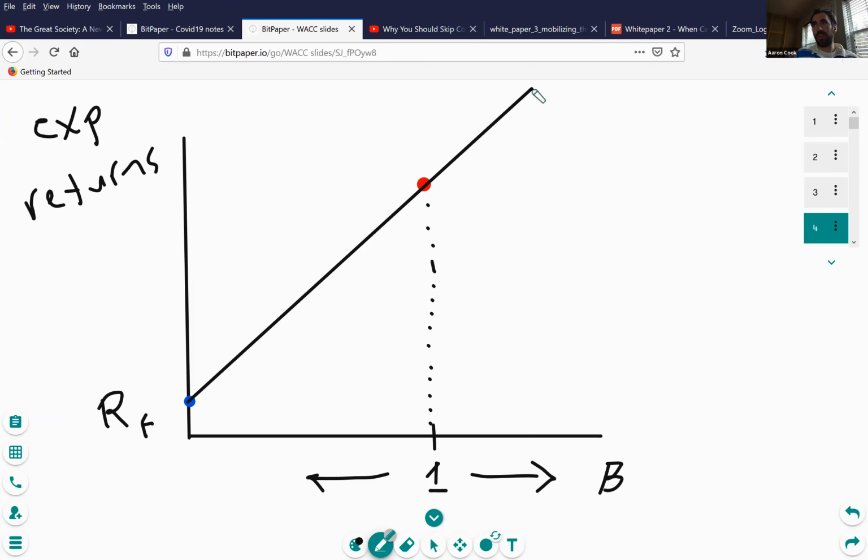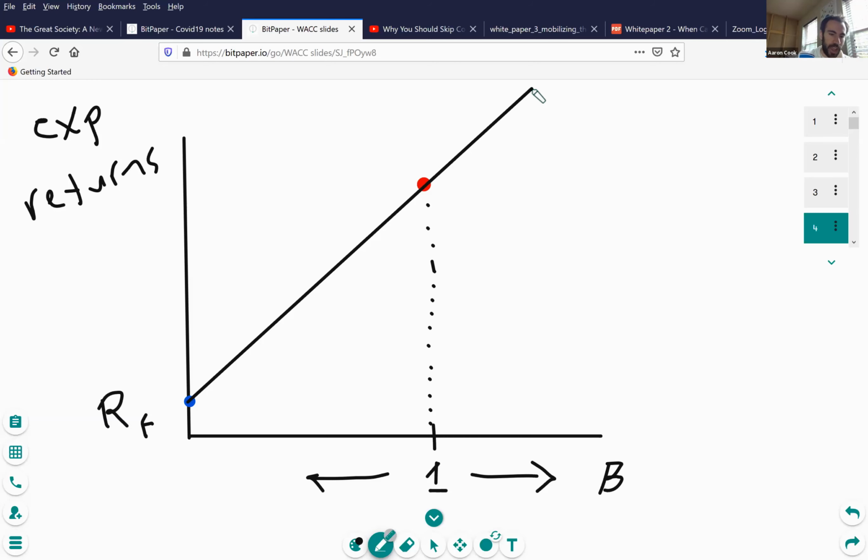But there are going to be certain assets that are even more volatile than the market as a whole. When the market's up, they're going to be up 1.5 or 2 times as much as the market. So when the economy is good, these particular assets would be particularly good.